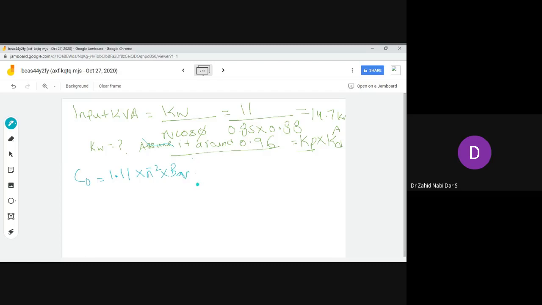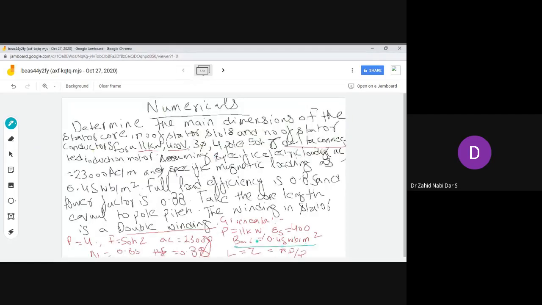Into BAV, into ampere conductors, into AC, into kW, and in 10 power minus 3. So you have all the values, you can substitute. The BAV value is 0.45 Weber per meter square.